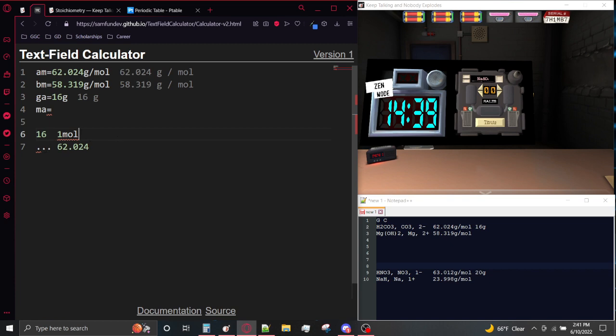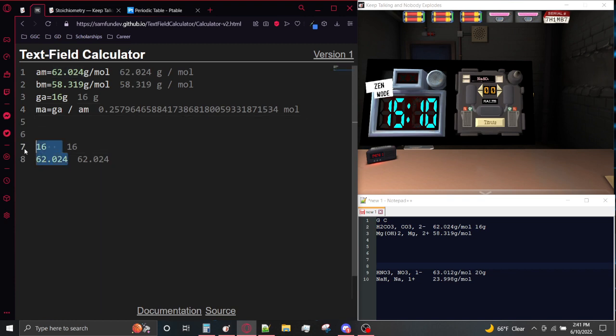And then we're going to multiply these two fractions, 16 times 1 over nothing times 62.024, which gives us a fraction of 16 over 62.024, which will give us the moles of the acid. So that's the proof of how this works. If you just want to know what to do, you're just going to take the grams of acid and divide it by the molar mass of the acid, and you have the number of moles now.